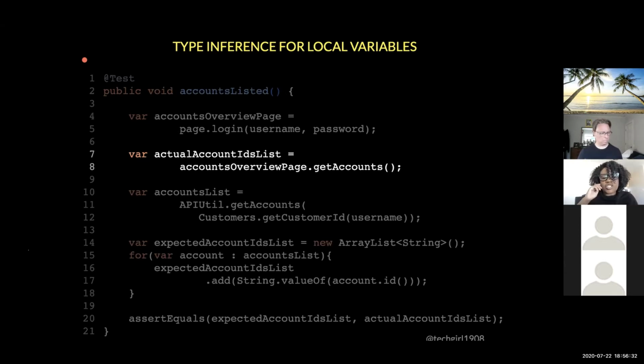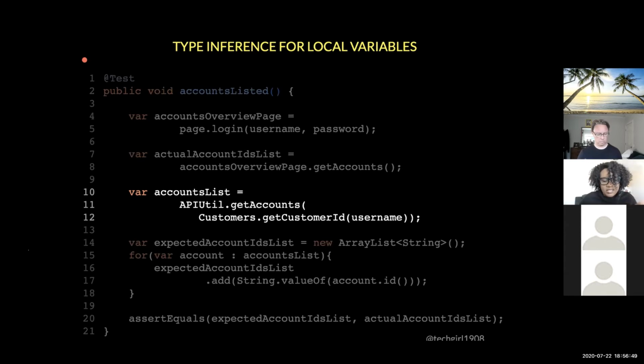So I changed this to actual account IDs list so that it's clear that this is a list and it's holding the account IDs. For this one, I also changed the name from accounts to accounts list so that it's clear this is a list holding account objects.